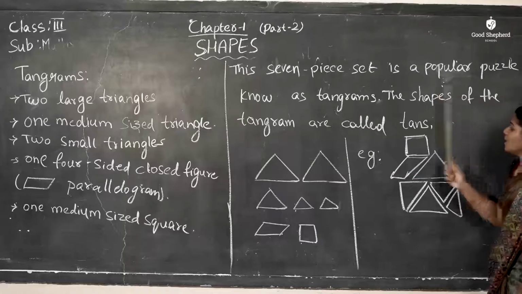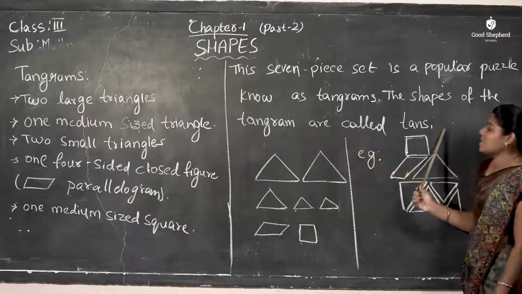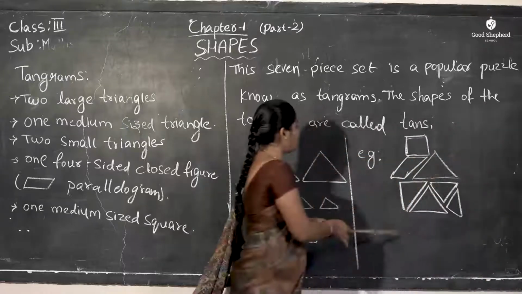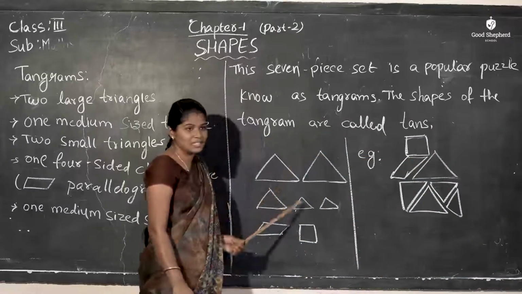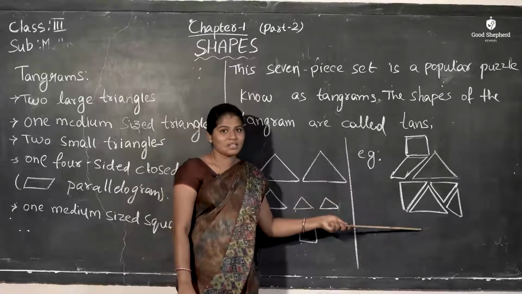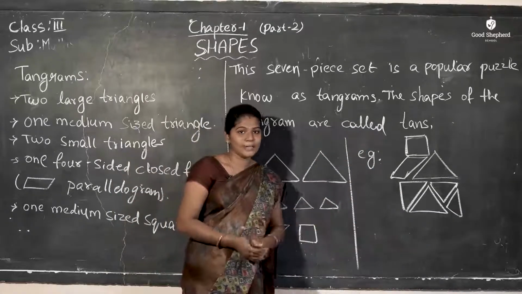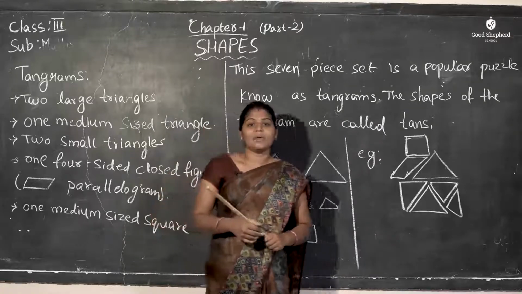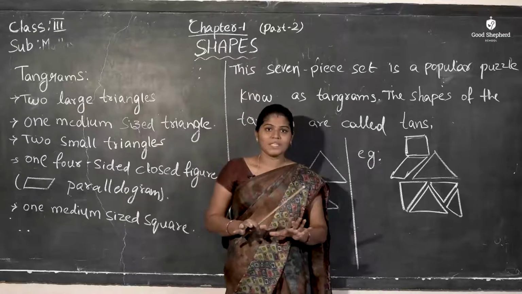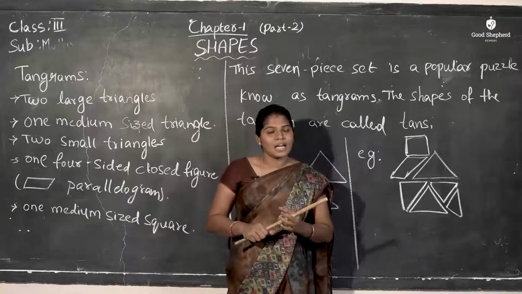The shapes of the tangram are called tans. I have taken all these 7 shapes and prepared one puzzle. Okay, children, now you have got an idea about tangrams. All 7 shapes are called tangrams, and each shape is called a tan.